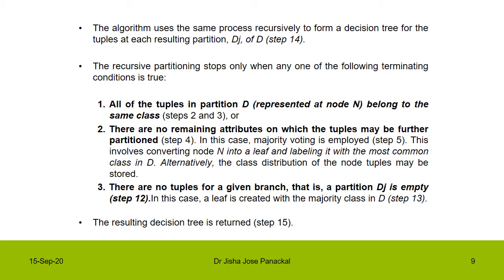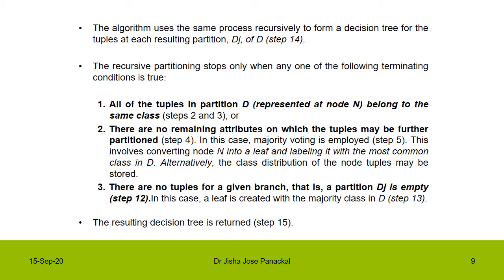The recursive partitioning stops only when any one of the following terminating conditions is true. So the algorithm will stop when any of these conditions become true. The first condition is all of the tuples in partition D, represented by node N, belong to the same class.